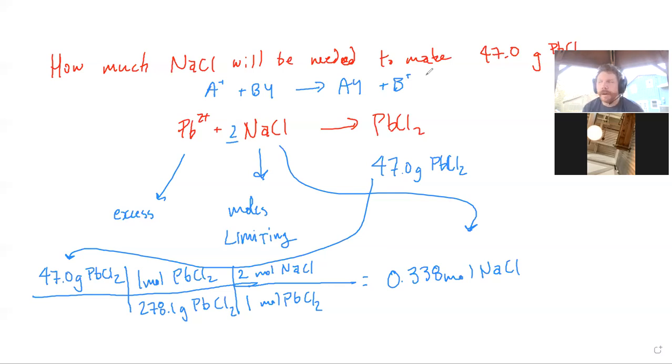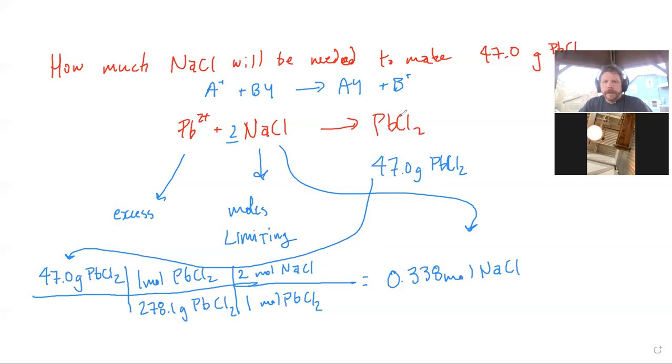I don't need to worry about the identity of that X, because I'm still able to solve the problem, since I can still come up with a molar ratio of these two substances to one another. It would be a more difficult problem if I didn't have the charge on that lead ion, but that's what we got.